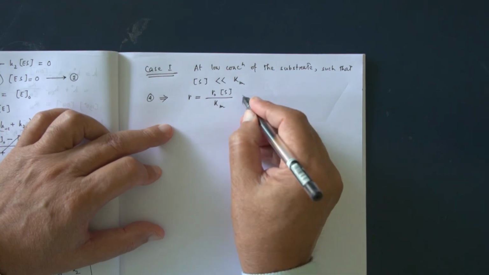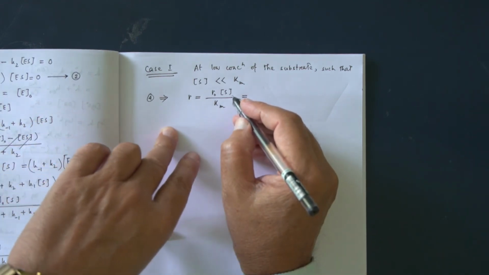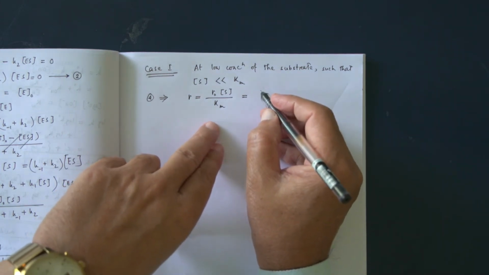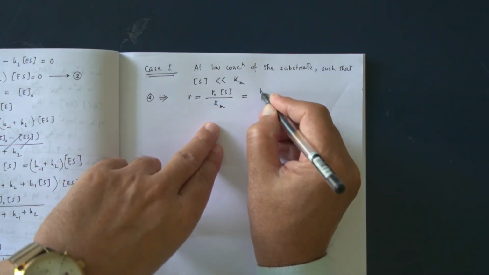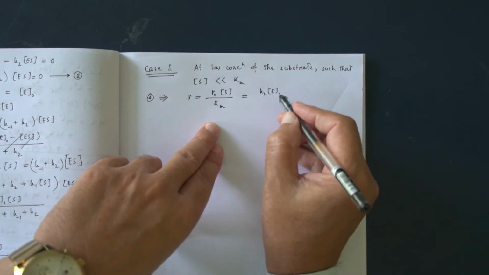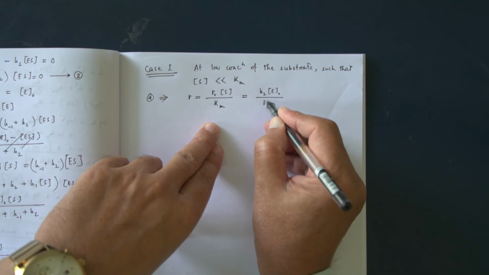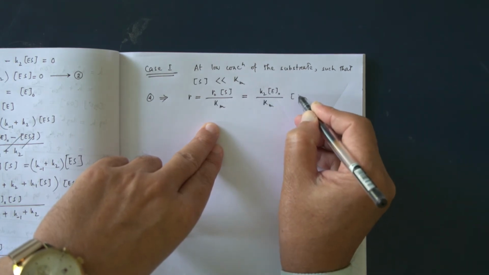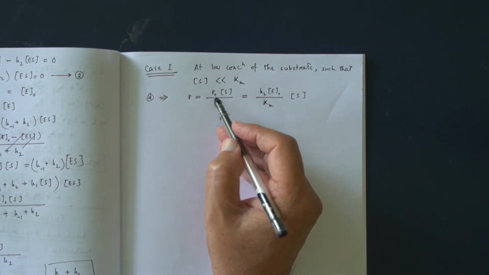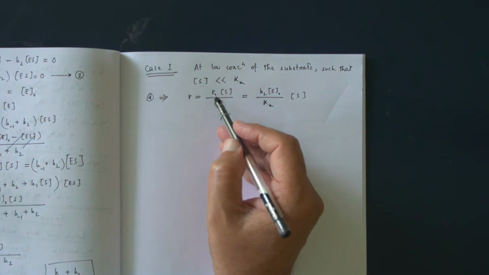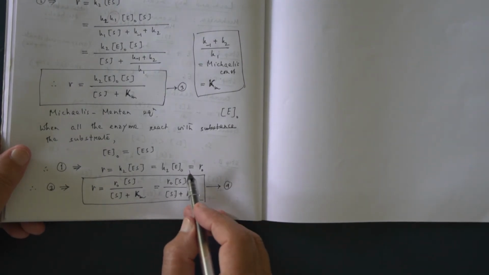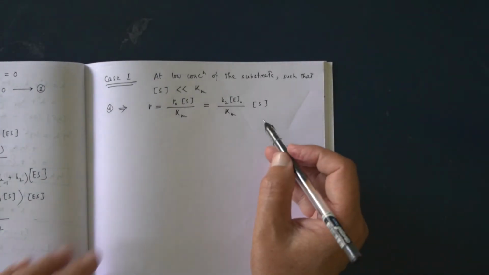What is R naught? R naught equal to K2 E naught. So R equals K2 E naught S by Km, because R naught equals K2 E naught.